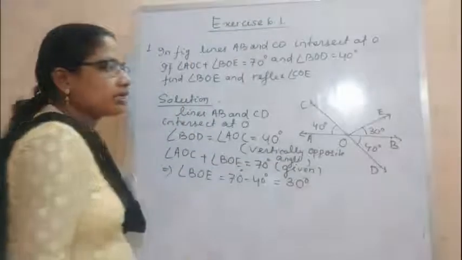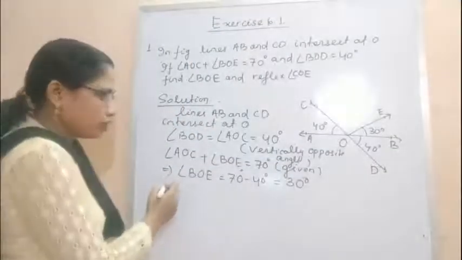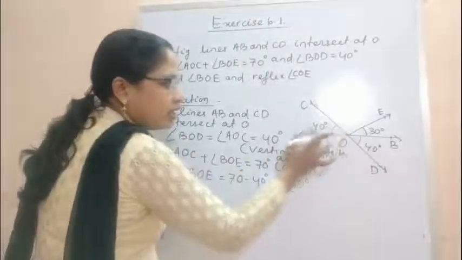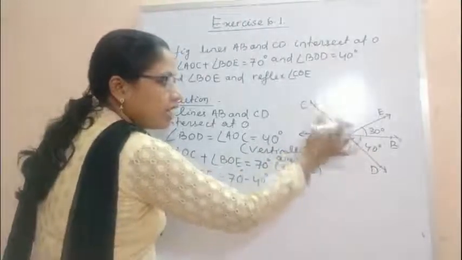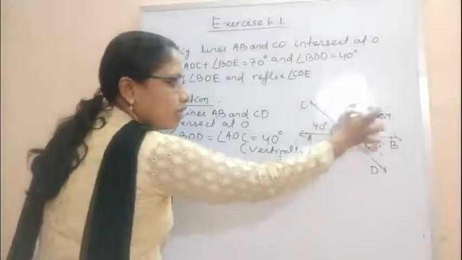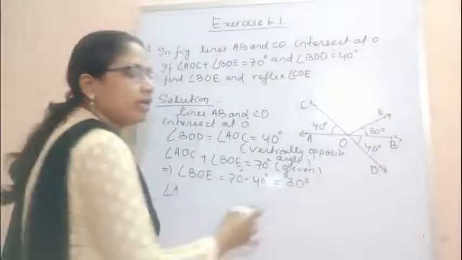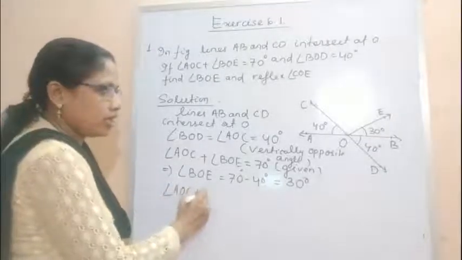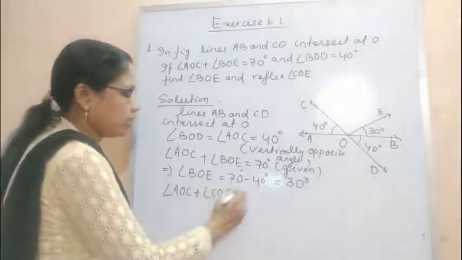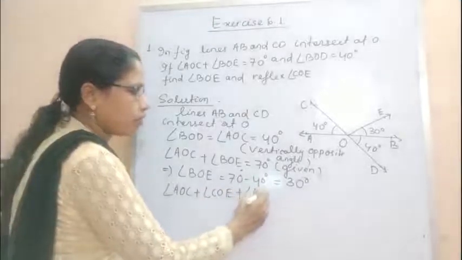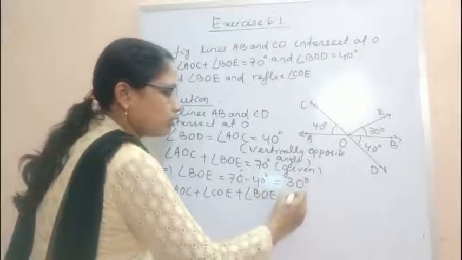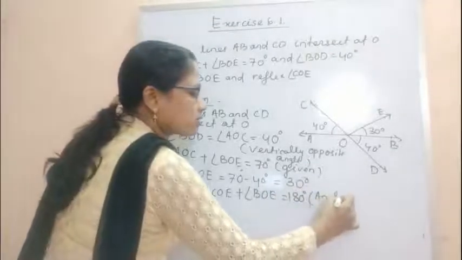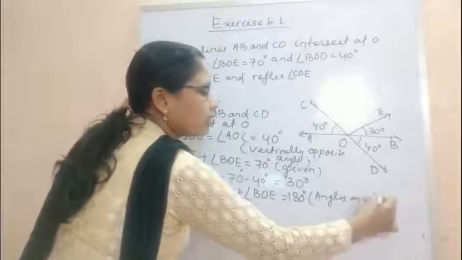Then what is angle COE? We know AB is a line, so angle AOC plus angle COE plus angle BOE is equal to 180 degrees, angles on a line.